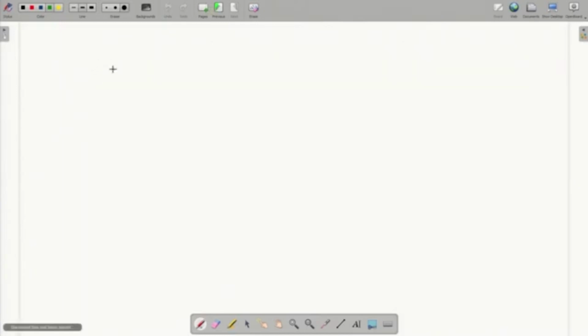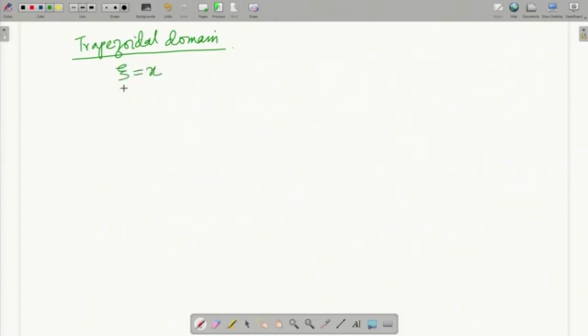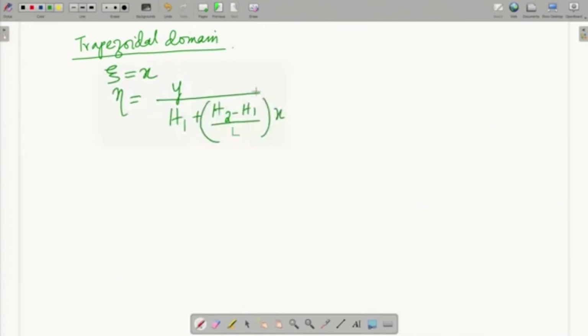Now, if you look back at the trapezoidal domain problem that we had discussed in the previous lecture, in that problem you remember that we had applied the transformation xi equal to x, eta is equal to y by y_t.